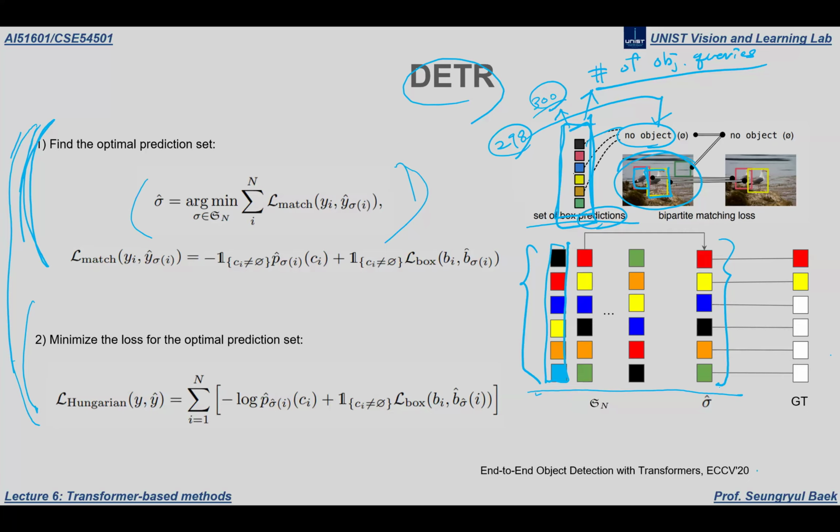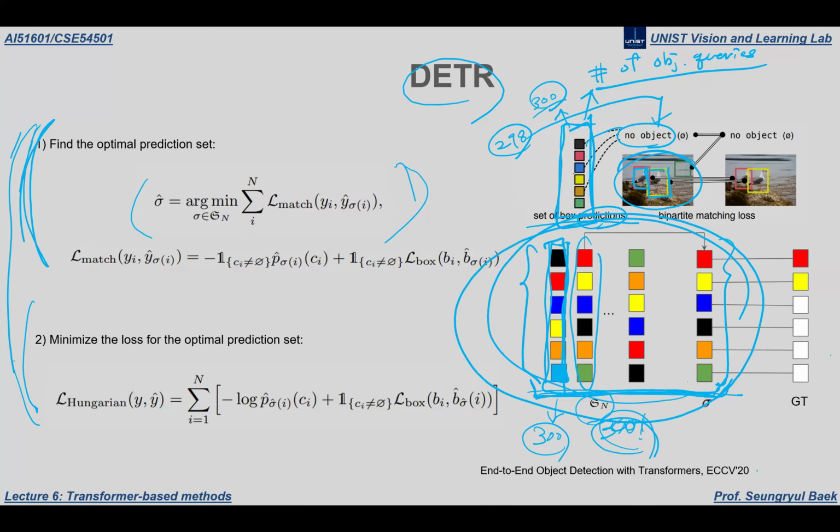So we, by ourselves, have to shuffle these orders. If there are n object queries, then there could be n factorial permutations. If the transformer output is 300 predictions, then there could be 300 factorial permutations. Are you guys understanding this?